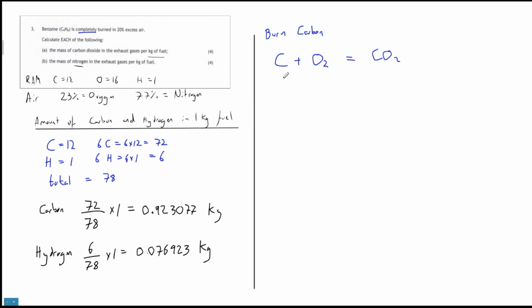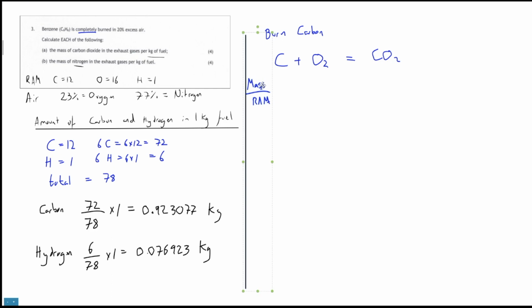We're used to that. Now, the formula we're using is the mass divided by relative atomic mass, which are those numbers we wrote down earlier. So we've got the mass of these things. What is the mass of the carbon we are burning? That is going to be this 0.9. We got it earlier.